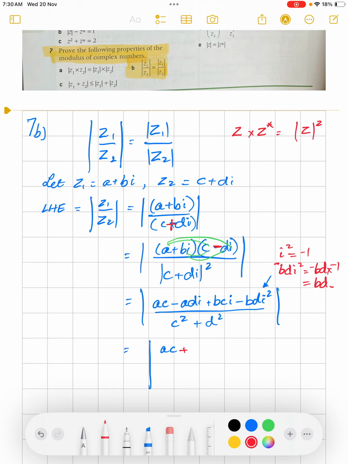So we've got AC plus BD as the real component, and the imaginary component BC minus AD.